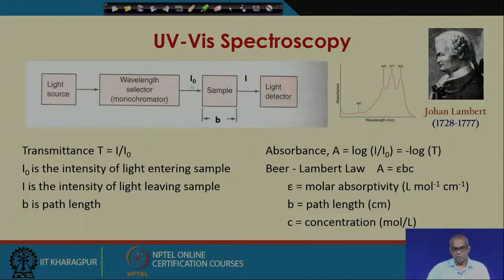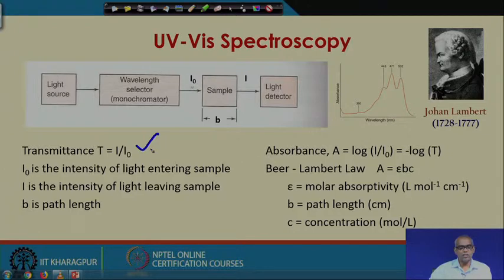Now, the relationship between this absorbance, the path length and the concentration of the solution is given by Beer-Lambert's law. Let us define transmittance as I by I 0. So, this is the ratio of the intensity of the light that leaves the sample to the intensity of the light that enters the sample.